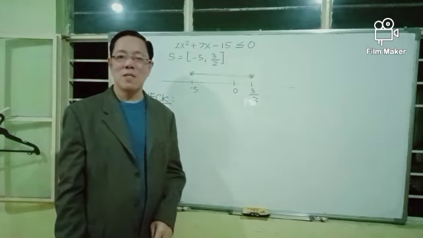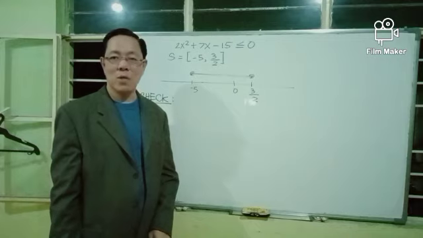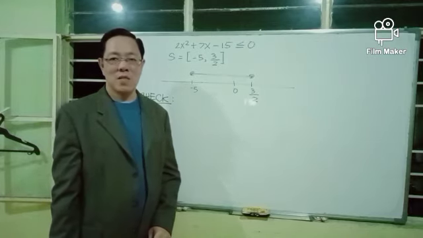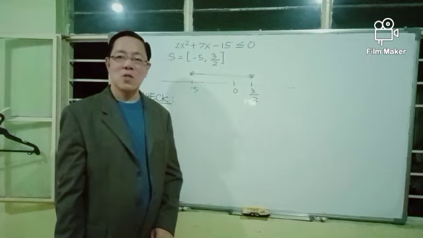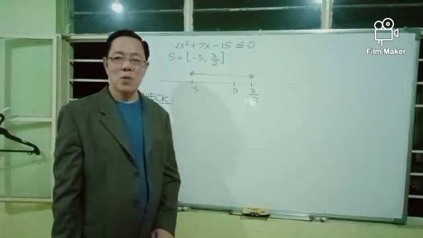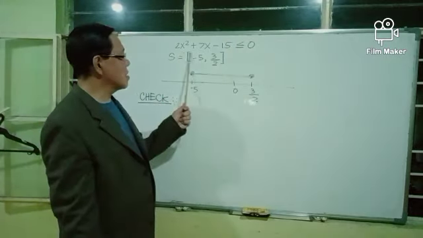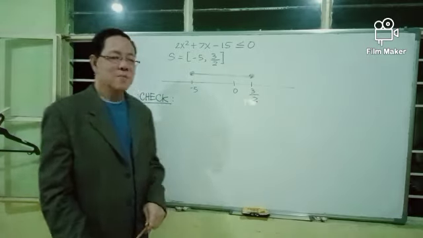That is why we consider two cases. The union of the solutions of the two cases is the solution of the given quadratic inequality.